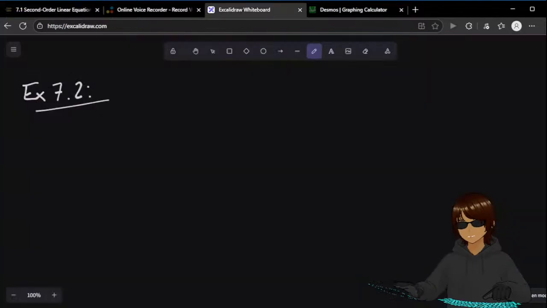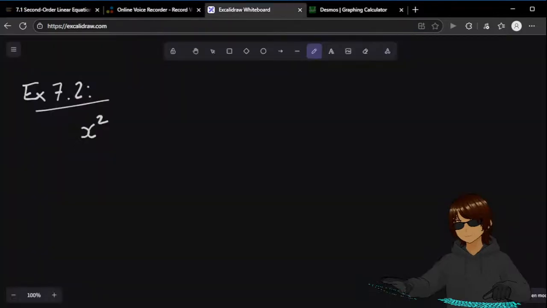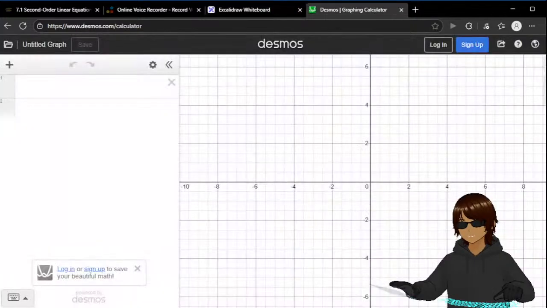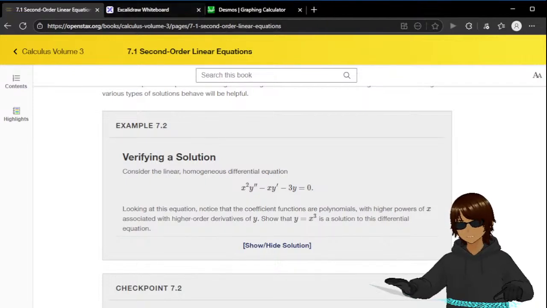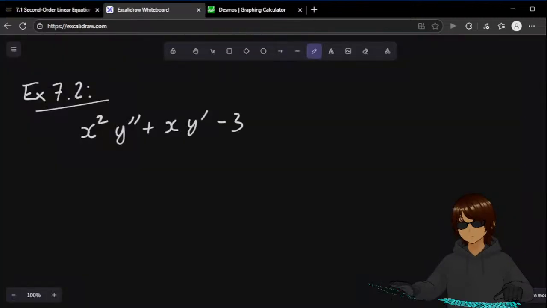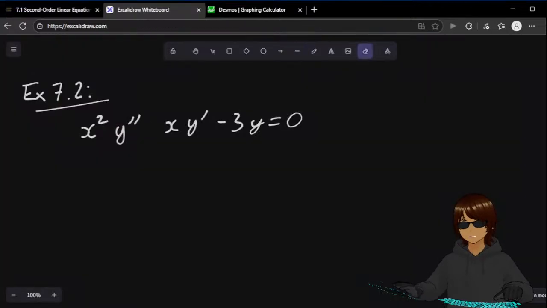So x squared times the second derivative of y. Derivative of y? Derivative with respect to what exactly? Plus x times the derivative of y, and then minus 3y. And it's minus xy.